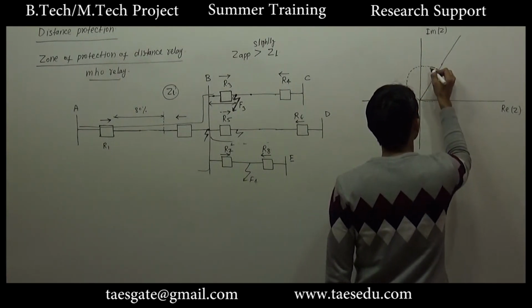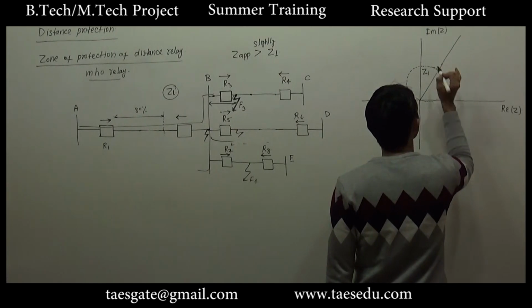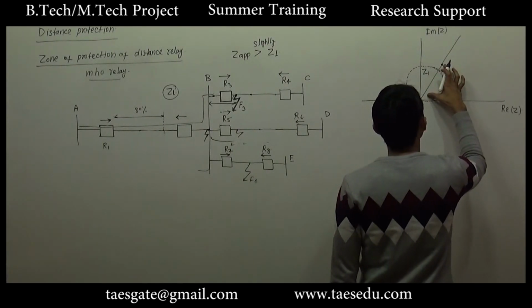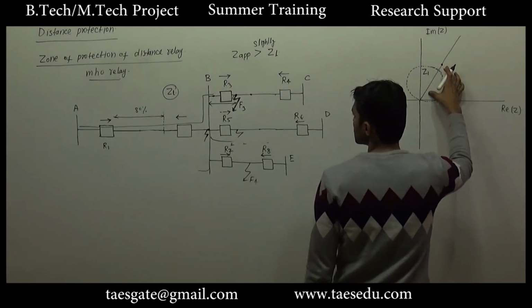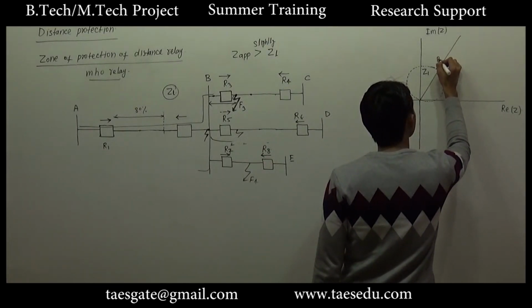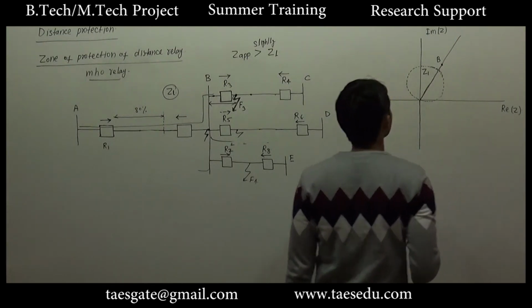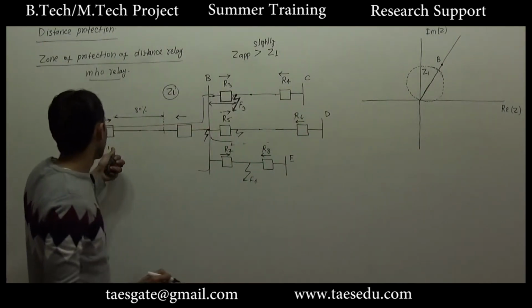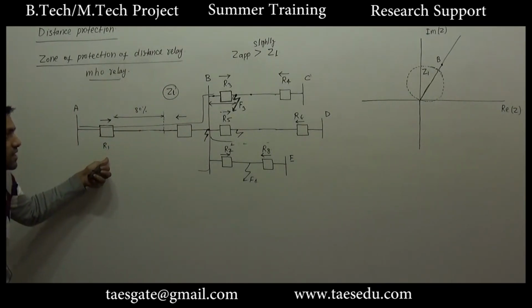This will be boundary of zone 1, and this length represents the impedance up to bus B as seen by relay R1.